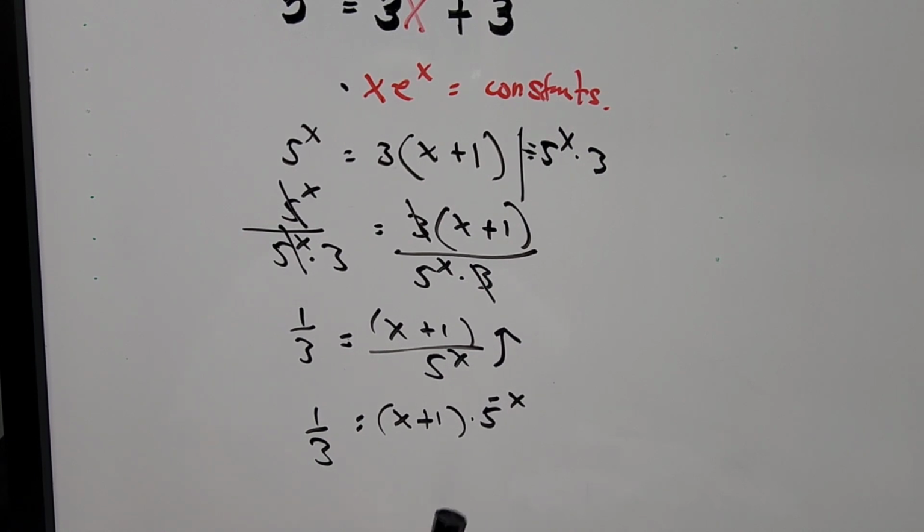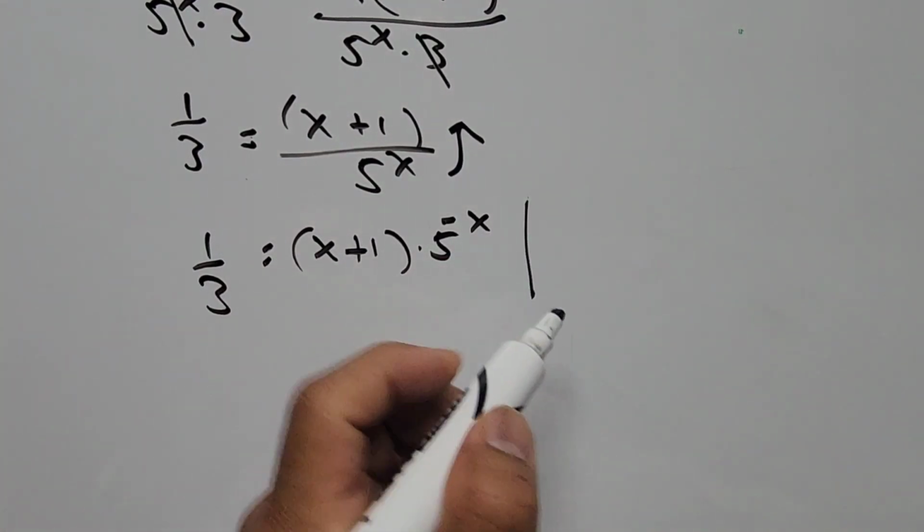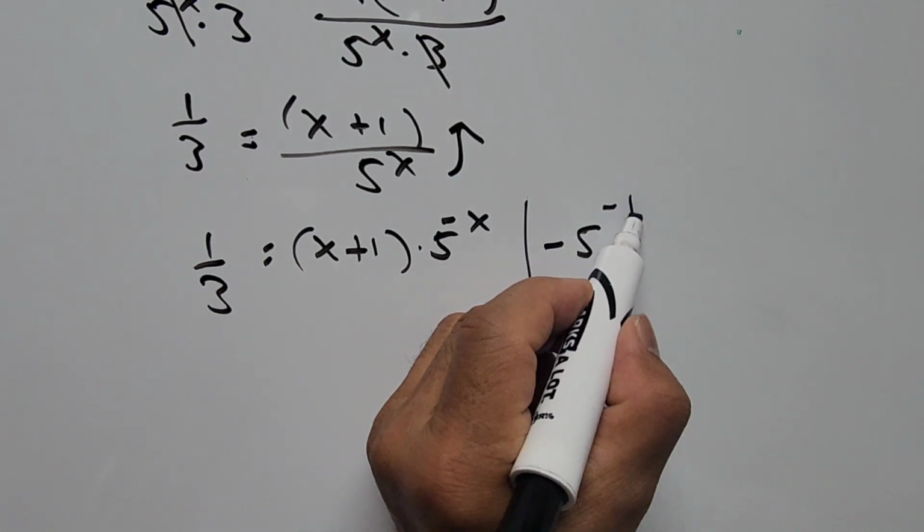And so in this case, we're going to multiply the whole equation by 5 to the power of negative 1, right? And since the exponent is negative x, we'll be multiplying the whole equation by negative 5 to the power of negative 1. Okay? So multiply the whole equation by negative 5 to the power of negative 1.